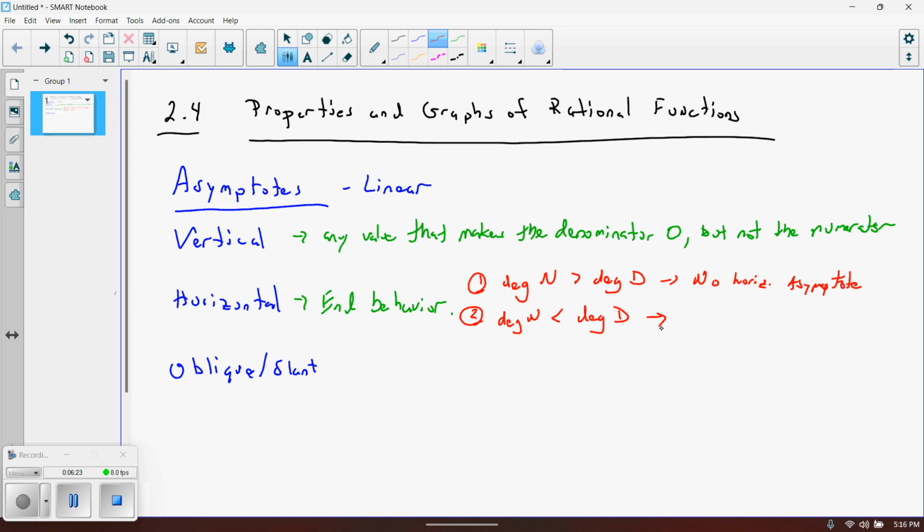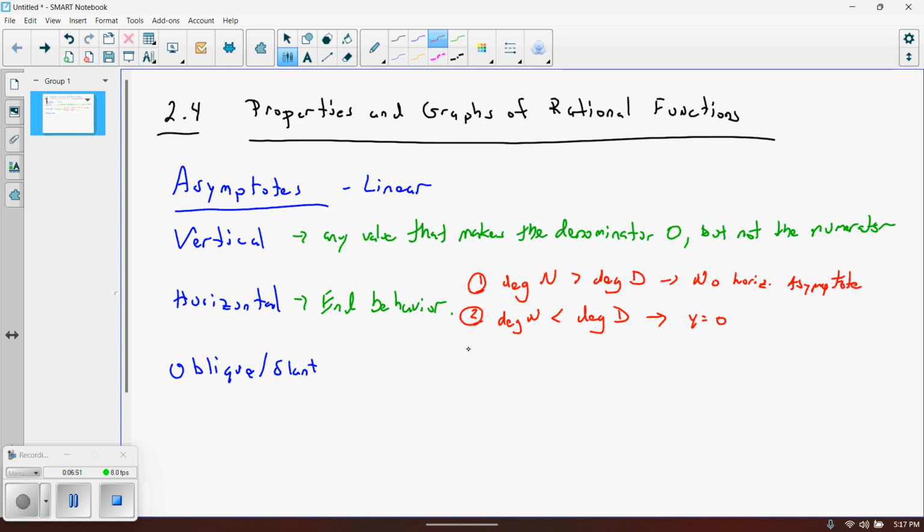And a bigger bottom to the fraction ultimately means that the bottom gets bigger and bigger and bigger while the top remains relatively small comparatively. Well, a huge denominator over a tiny little numerator basically is going to get really, really, really close to 0. So your horizontal asymptote would be the x-axis, or the equation y equals 0.